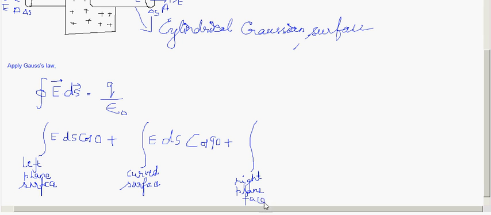This is again E into ds into cos 0, which is equal to q by epsilon naught.